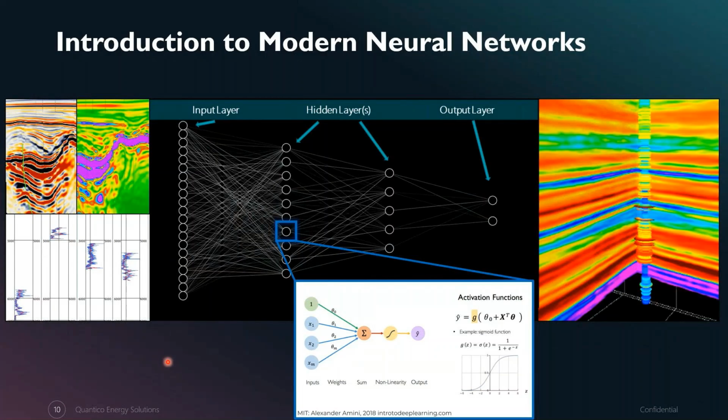Since I'm going to talk about what we do with neural networks, now I'll jump into introducing neural networks. If we look at the big picture here, our inputs are seismic data, well logs, horizons, etc., whatever it could be. And our ultimate end result is going to be some rock property or a well log we're going to estimate from the seismic data.